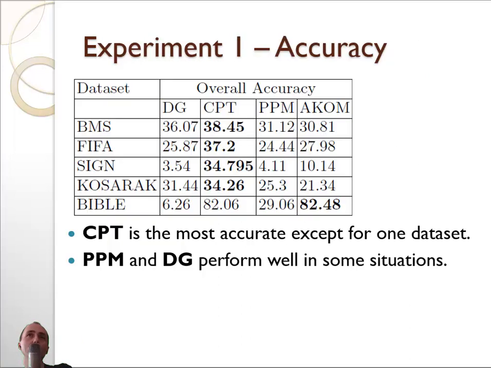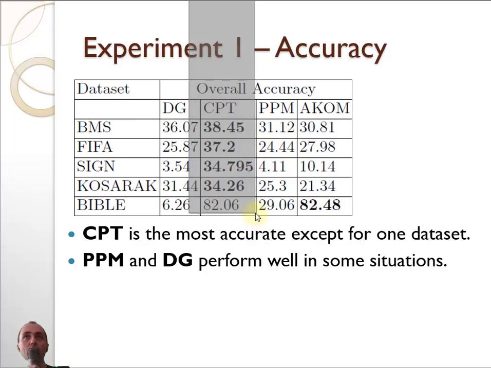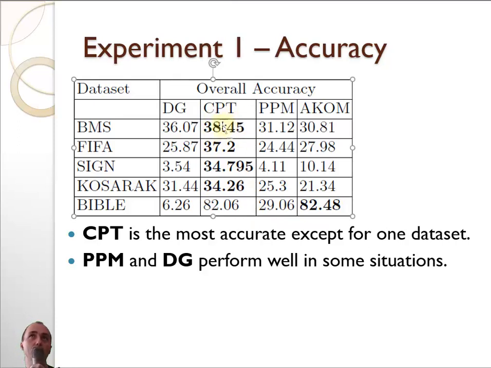Okay, so first we look at the accuracy. So we use the best parameter for each model, and we find that the CPT model we designed has the best accuracy, sometimes much more than other models. So here, for example, on BMS, CPT has 38, DG has 36, is really close, and AKOM has a 30% accuracy, and so on.